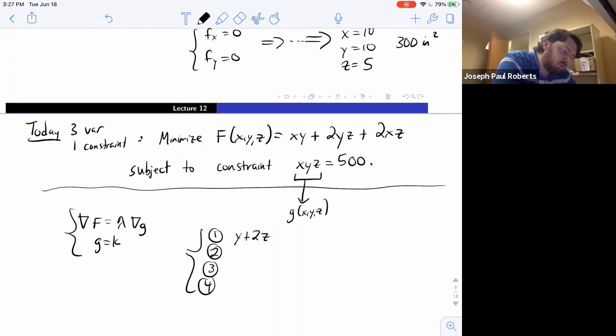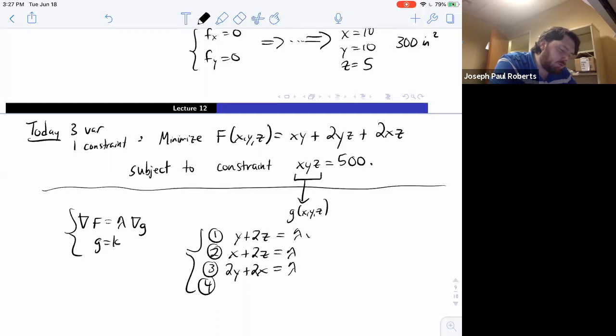The y partial of f is x plus 2z. And then the z partial of f is 2y plus 2x. And those are equal to lambda times the respective derivatives of g.